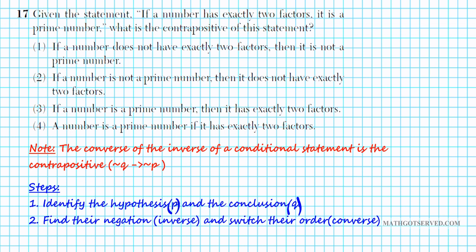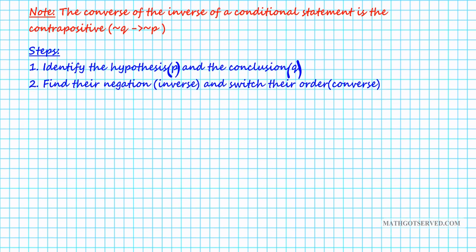So first things first, let's go ahead and rewrite the statement and determine what our hypothesis P and conclusion Q are. The original statement is known as the conditional statement. The conditional statement is of the form P, the hypothesis, implies Q, the conclusion.